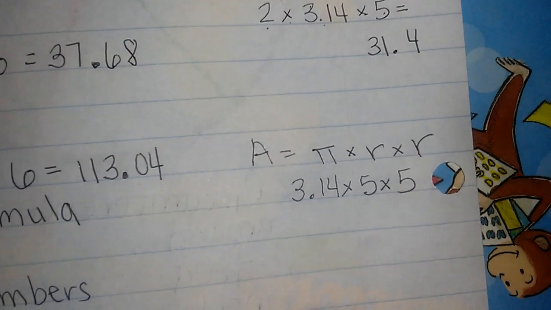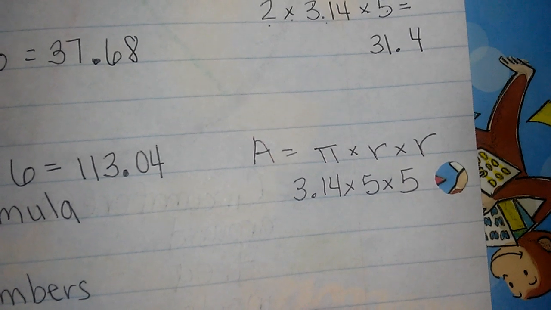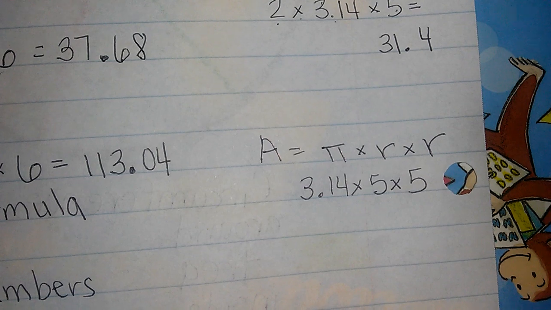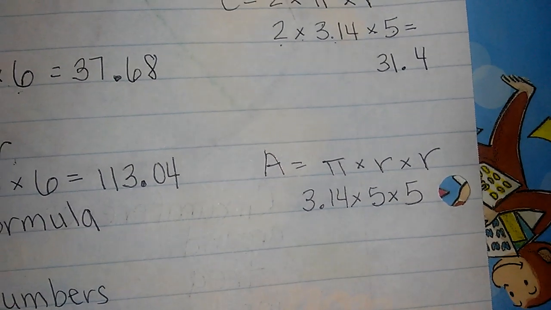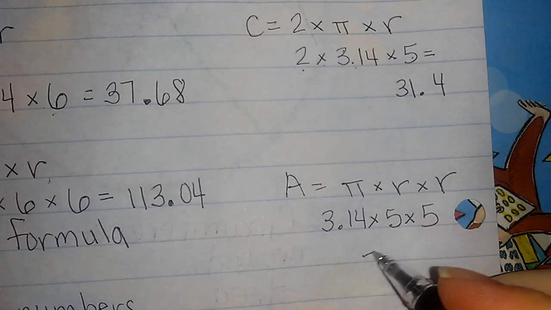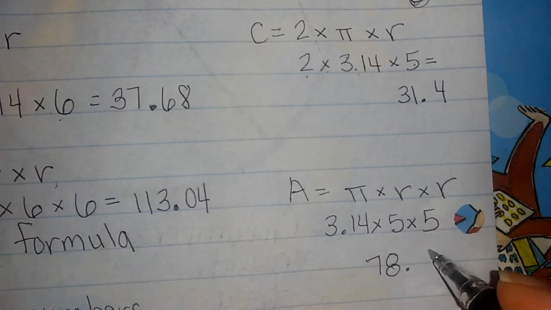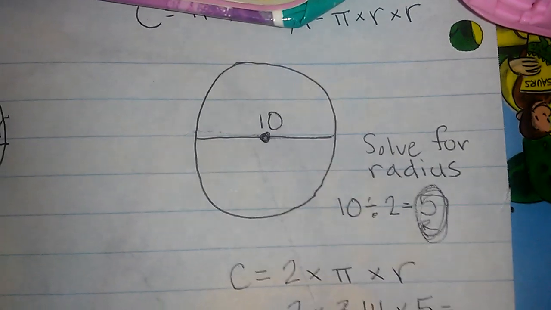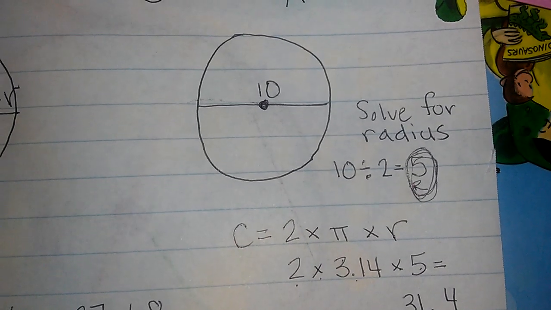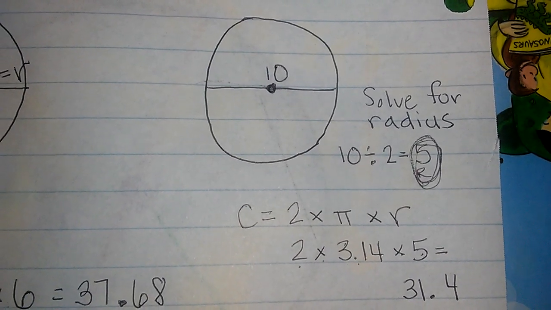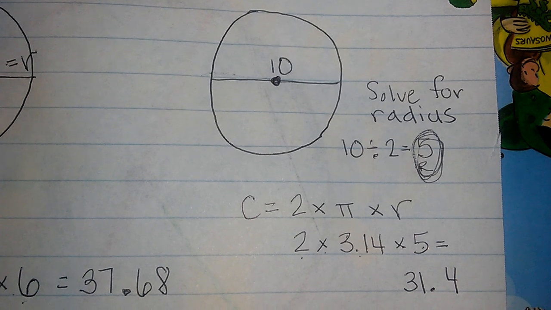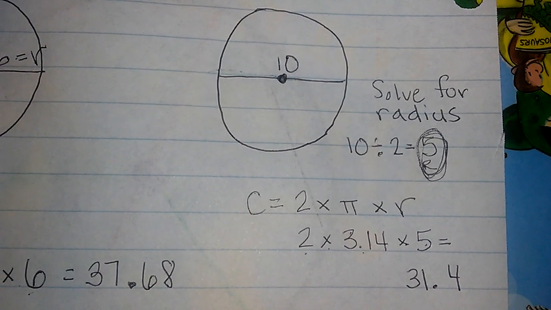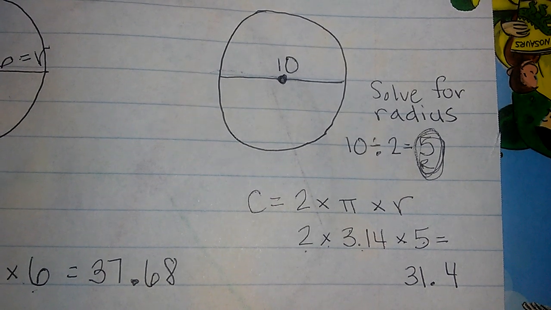When I put it in my calculator, double check Miss Batten's work, we get 78.5. So for this circle, our circumference is 31.4, and our area is 78.5.